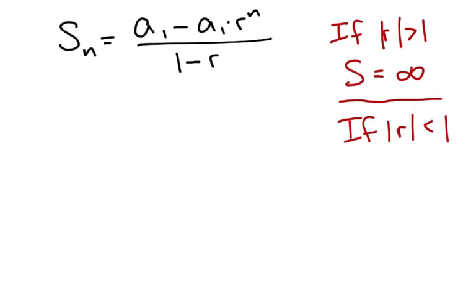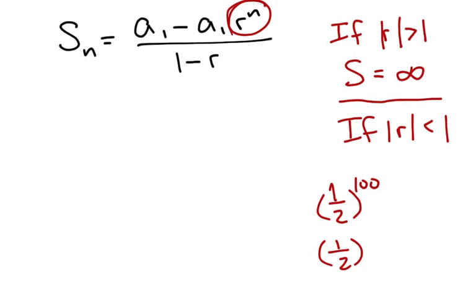Well, the thing is, if we're dealing with a fraction, and we let this power get bigger and bigger and bigger, then the whole exponent, for example, take 1/2 to the 100th power, or 1/2 to the 1,000th power. You do that on your calculator, you start getting a very small number.